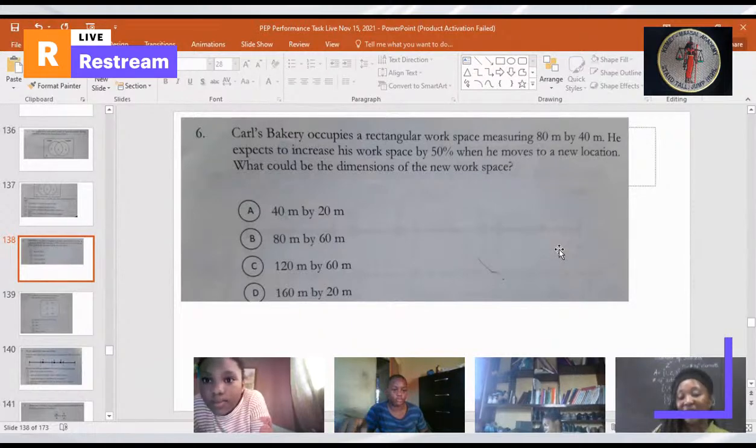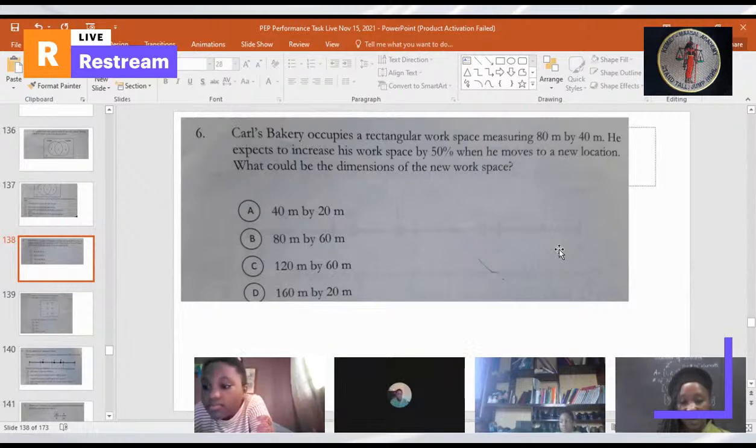So his original space was 80 meters by 40 meters. The area of that, 80 times 40, is 3,200 meters square. And if he's increasing that by 50%, 50% is a half. So half of 3,200 is 1,600. We add that back to the 3,200.